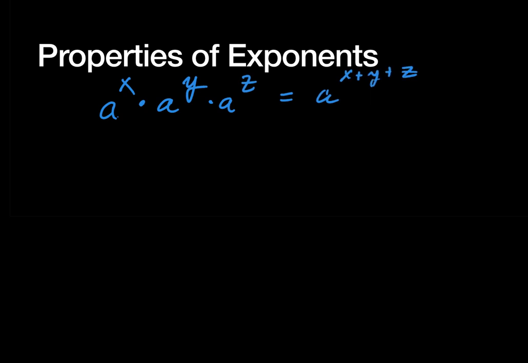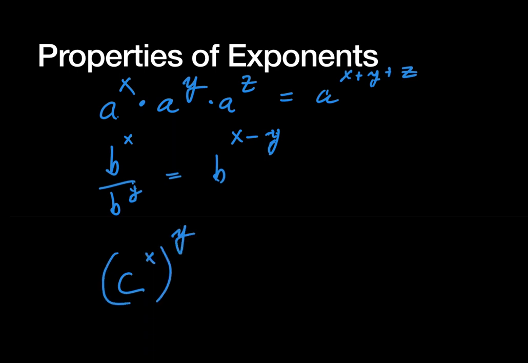Same bases and multiply, we add exponents. b to the x over b to the y is equal to b to the x minus y. And then the last thing we had was c to the x to the y power. If I have something to a power raised to a higher power, powers raised to powers, that's when they multiply, x times y.